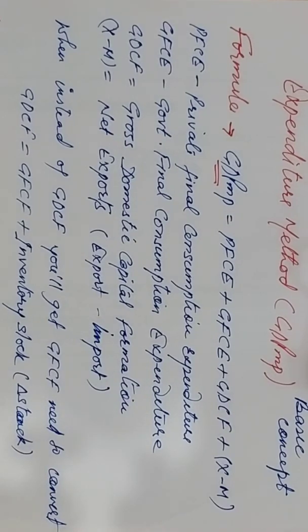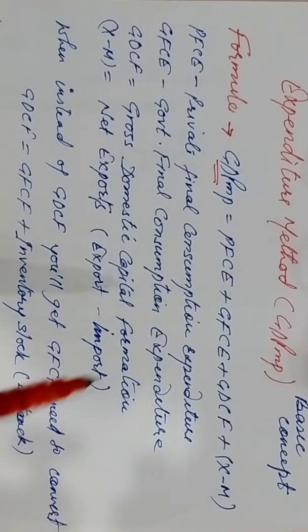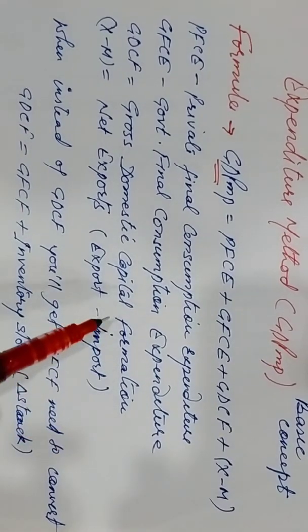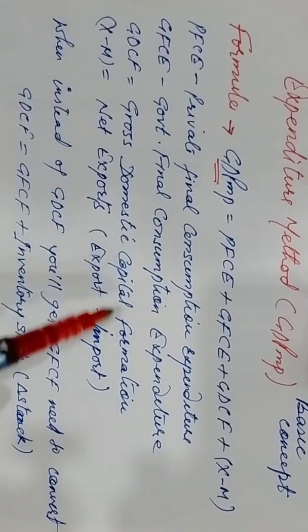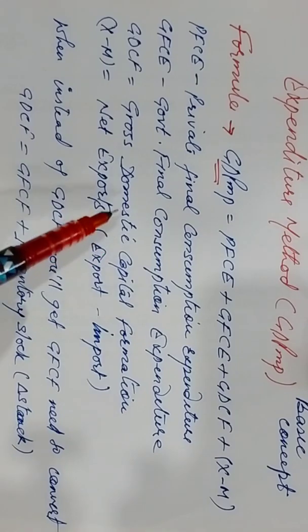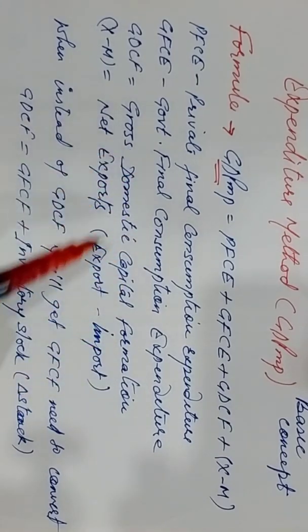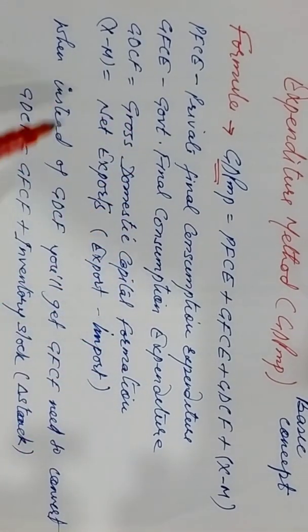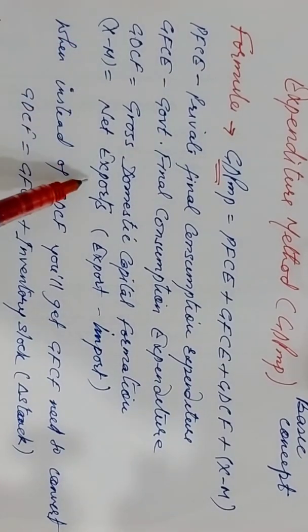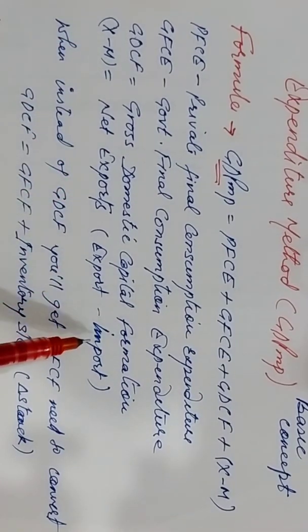After the sale, the firm gets back revenue or capital. So formation means how to prepare capital, how to make our capital. If you focus on each word, you will find the meaning of all this. X minus M means net exports, which is export minus import.